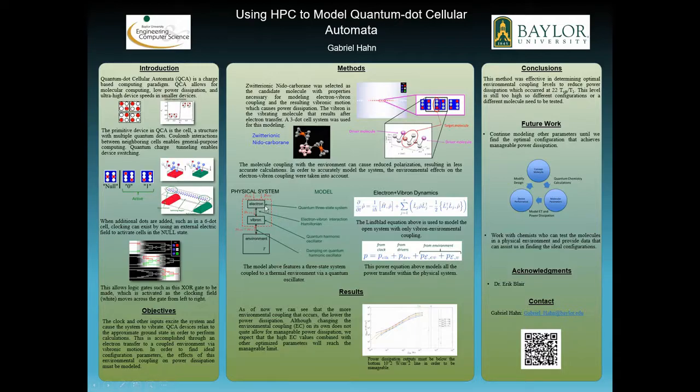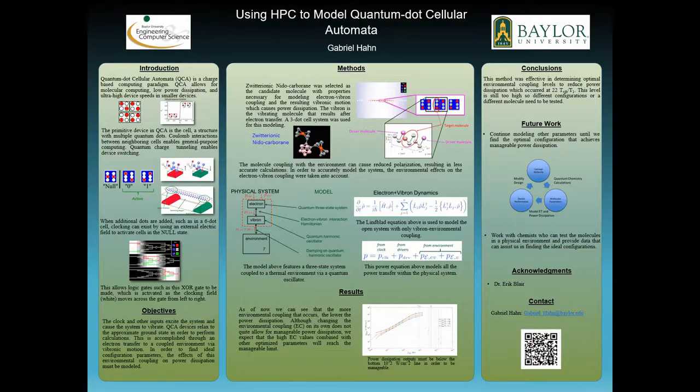To simulate the electron-vibron interactions, we use an equation called the Lindblad equation, which is a complicated and time-consuming equation to calculate because it contains a lot of very large matrices.